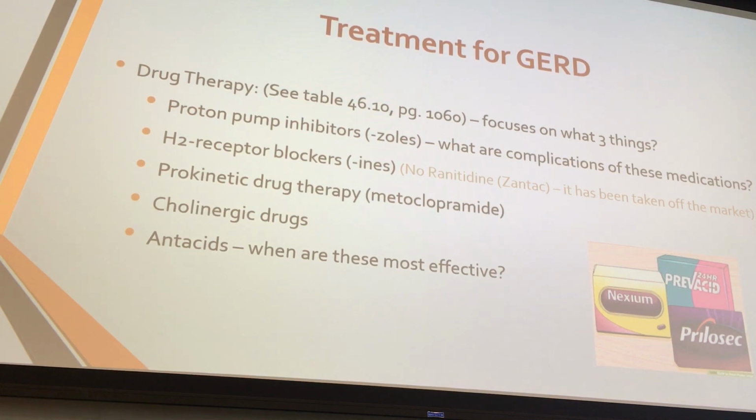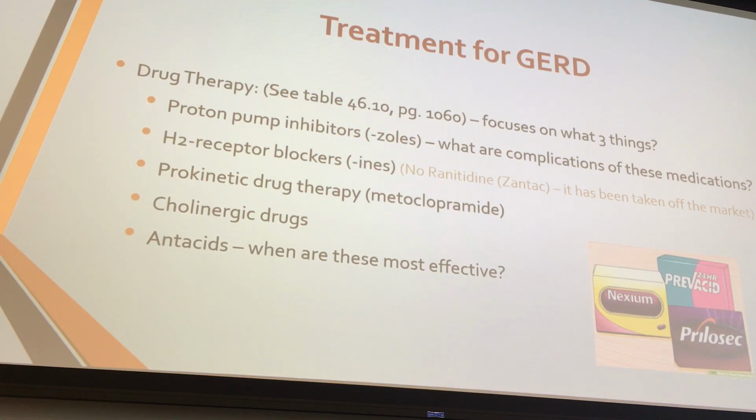Who knows what some of the complications are of some of these drugs? Kind of general, kind of benign. You can never go wrong with GI upset, right? Okay. Constipation, dizziness, stomach pain, those kinds of things. Okay.